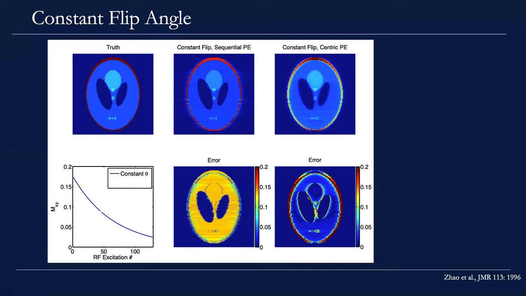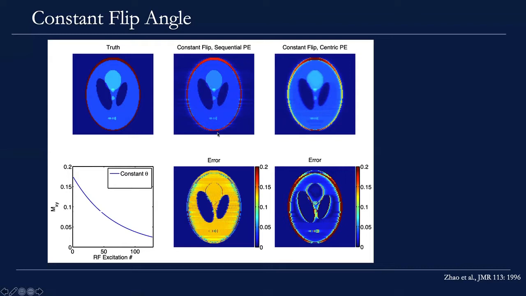Which way are the artifacts showing? Top down or left right? Yeah, okay, so it's left right, right? That's where the artifacts are. That's the phase encode direction.